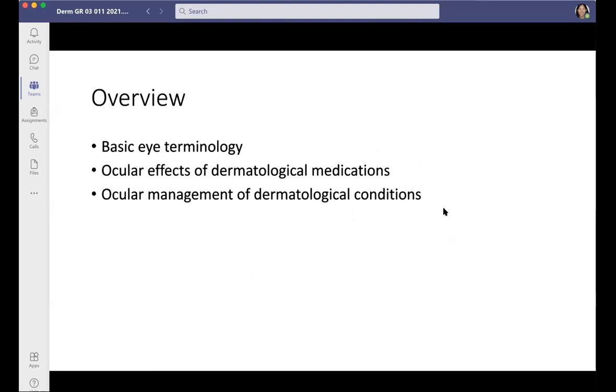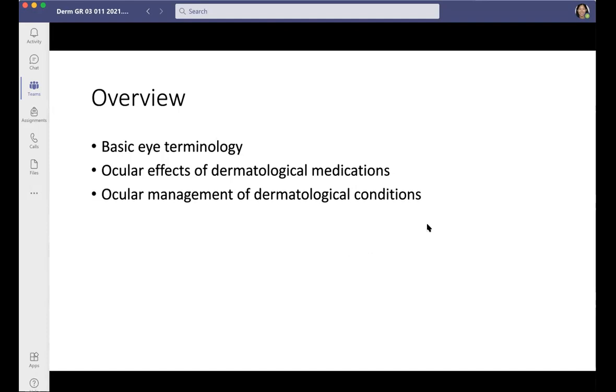So today we'll go over a little bit of a review of basic eye terminology. It might have been a few years since you've looked at eye anatomy, so we'll do a brief review. Then there are two larger sections of the talk. One is looking at ocular effects of dermatologic medications, and then ocular management, particularly for dermatological conditions that have ocular manifestations.